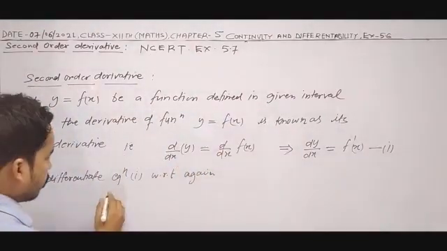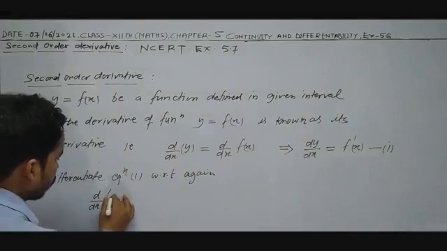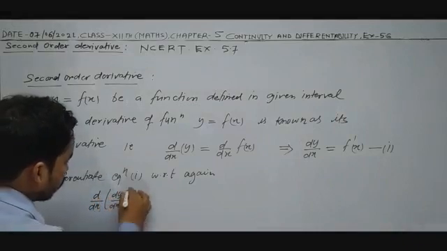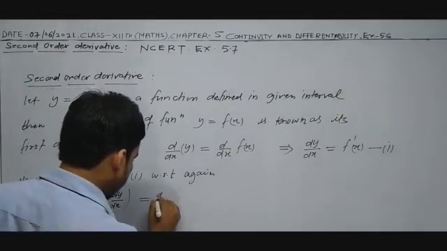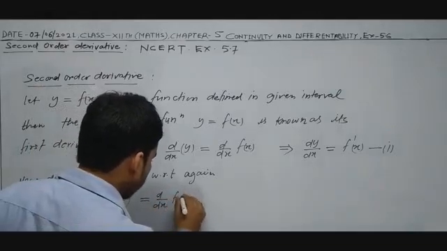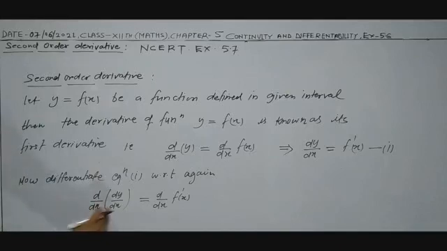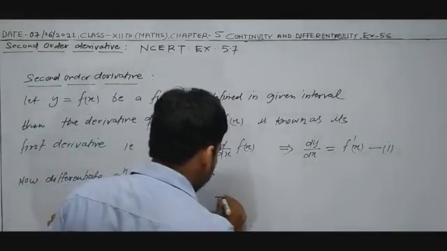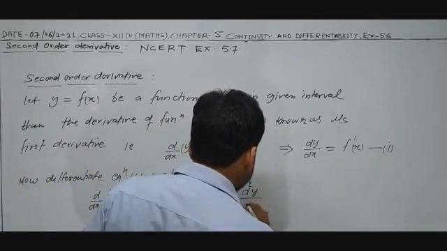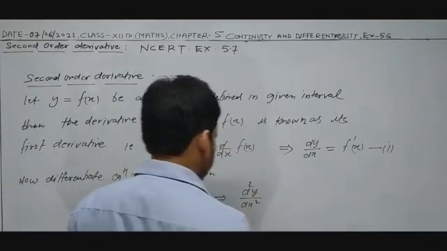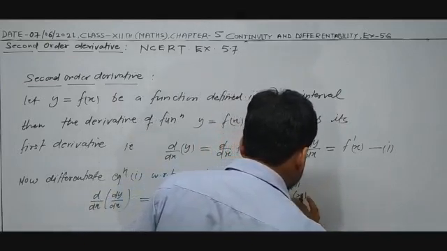Operate d by dx on both the sides. This implies d2y whole upon dx square is equal to f double dash x.